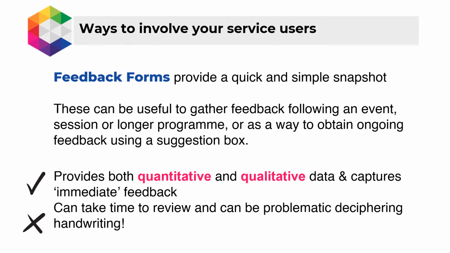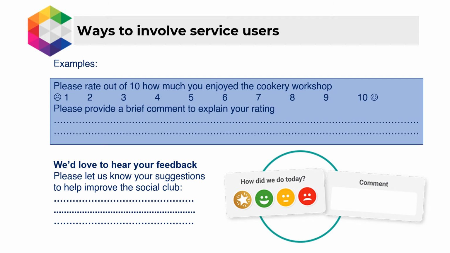So let's just take a look at a couple of examples visually of what a feedback form might look like. As you can see with these couple of examples, they're all very brief and simple. It can be helpful to have a number scale and to be clear to indicate what's a low scale and what's a high scale. So we've included the sad face and the smiley face here, and also a space for people to write a brief comment.